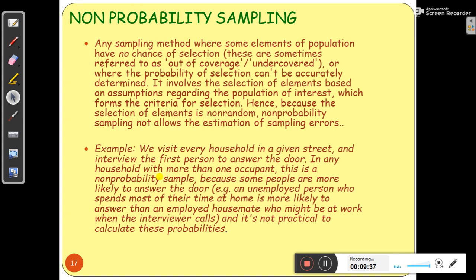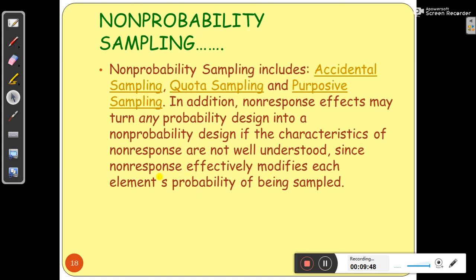That is why we cannot go for probability sampling. We have to go for non-probability based sampling, putting some criteria. Non-probability sampling includes accidental sampling, quota sampling, and purposive sampling.